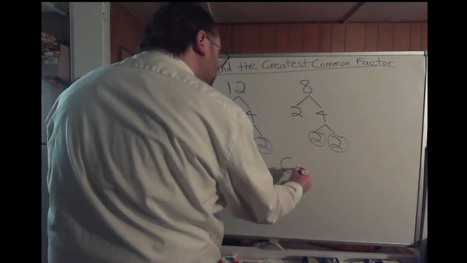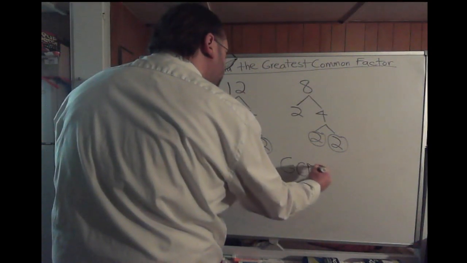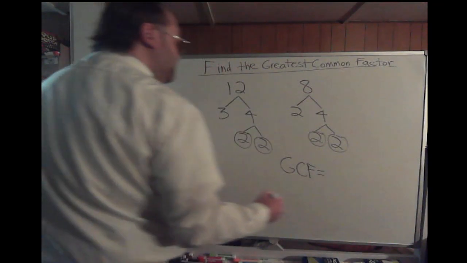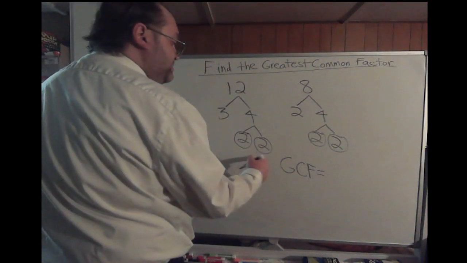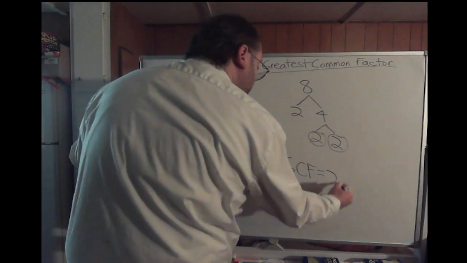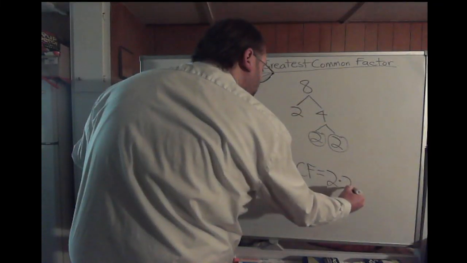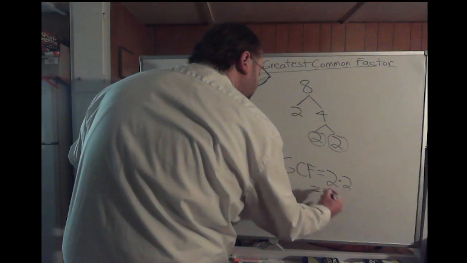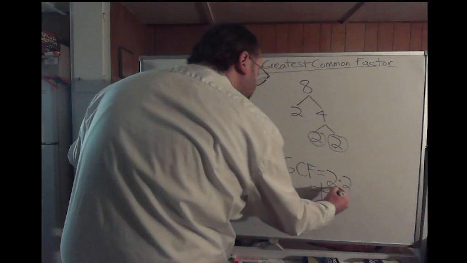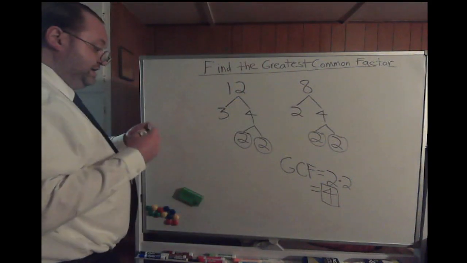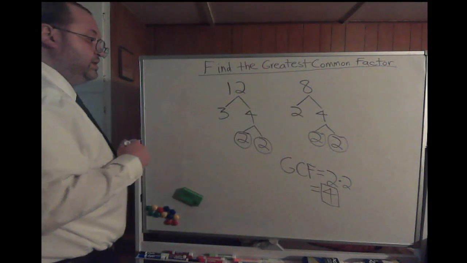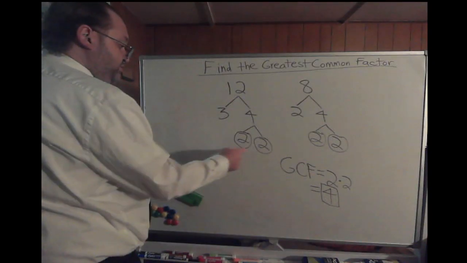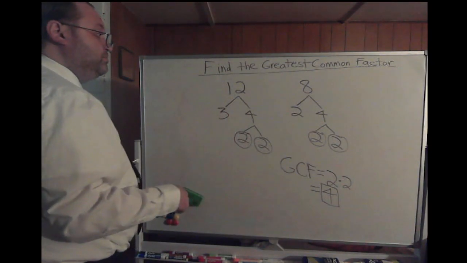So the greatest common factor, the GCF, is going to be 2 times 2, which we know is 4. So the greatest common factor of 12 and 8 is going to be 4, because you do 2 times 2, you get 4.